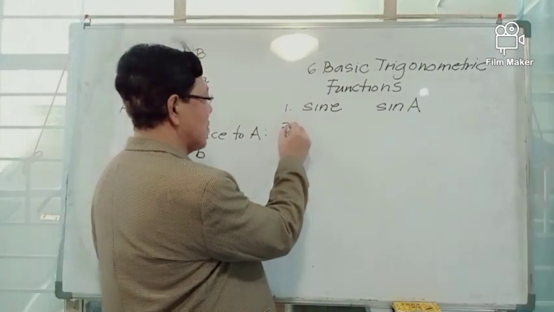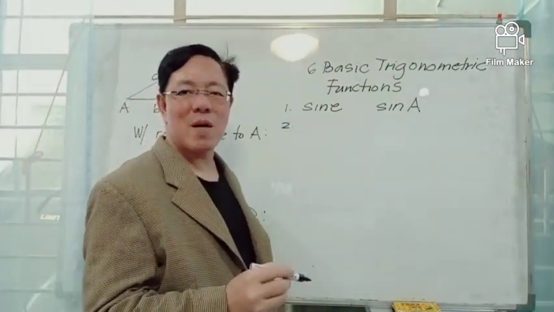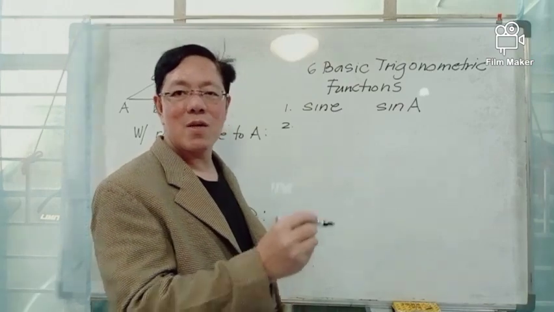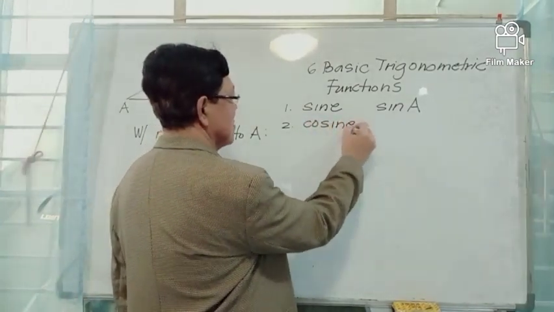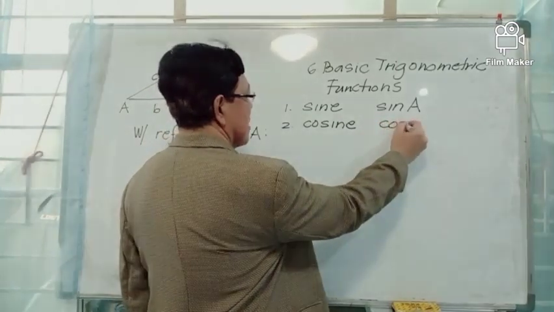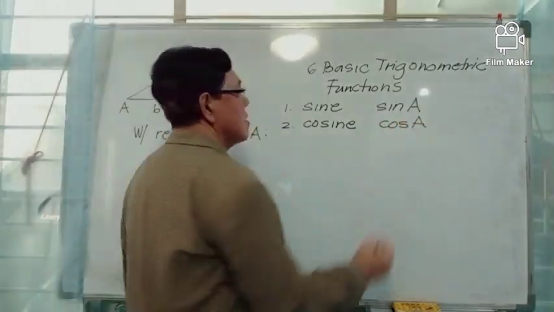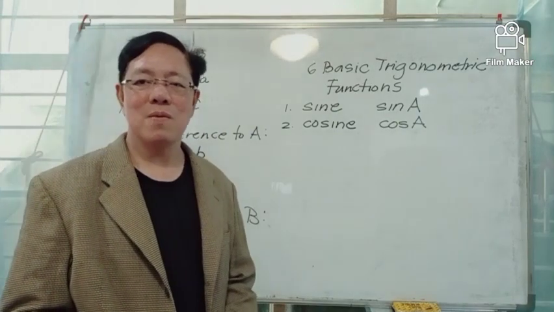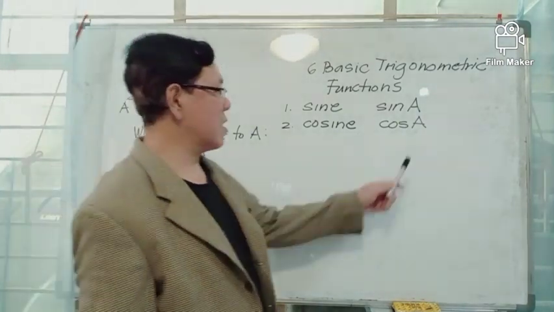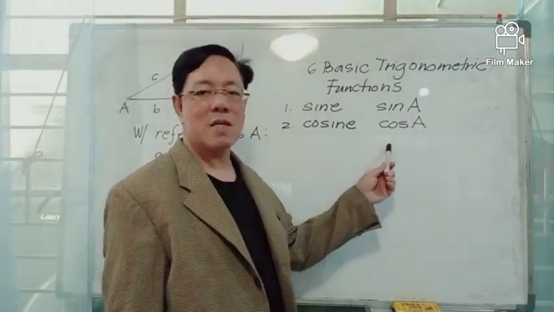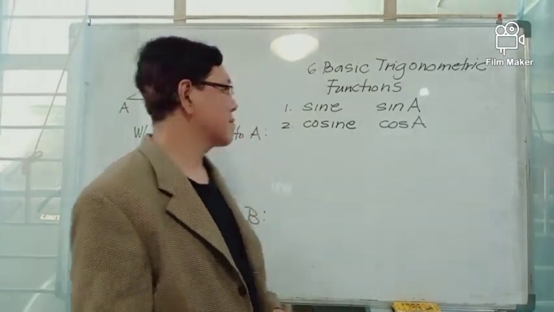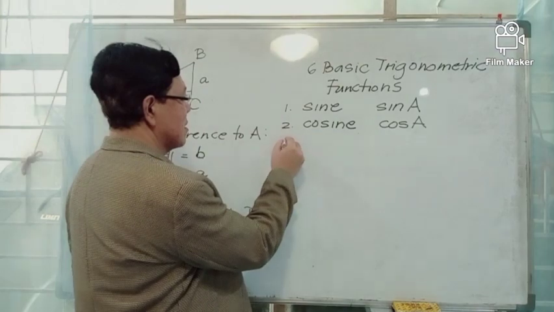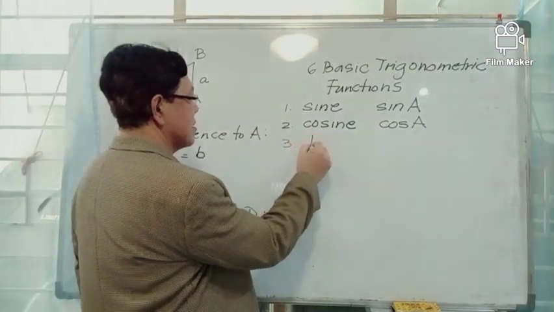The second of the 6 basic trigonometric functions is cosine. Or we simply write cosine of an acute angle. We are considering angle A. You read cosine of A or cosine A. And the third is the tangent.